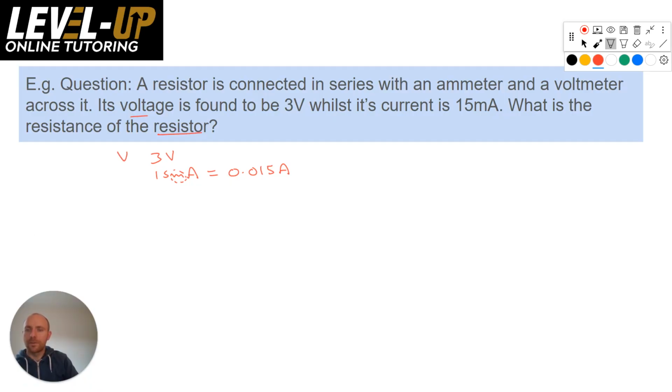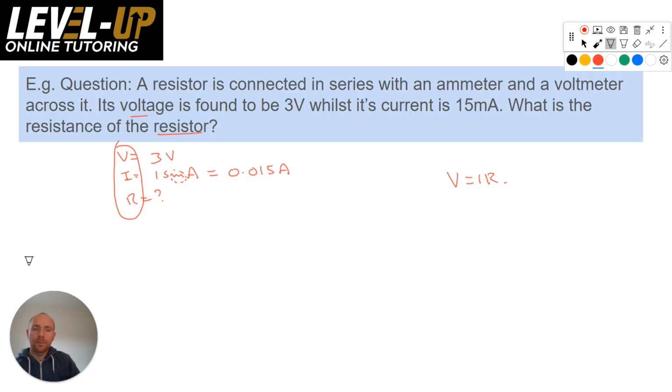So we've got our voltage here, we've got our current here, and we want our resistance. I'm going to put the question mark there. Hopefully we can see that the information we have and the information we want is going to relate to one of the formulae, which will be on your sheet, or you can remember, be familiar to you. We can use V equals IR.